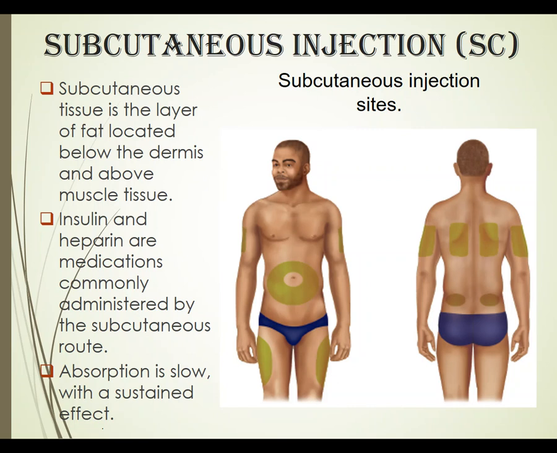So that 45-degree angle can be used to give subcutaneous injections to very thin patients to ensure that the medication is injected deep into the fatty tissue and not the intramuscular area. And I mentioned that a 90-degree angle can be used if the patient has adequate subcutaneous tissue and the length of the needle is appropriate for that. And typically we say it should be approximately half the depth of the pinched skin fold.